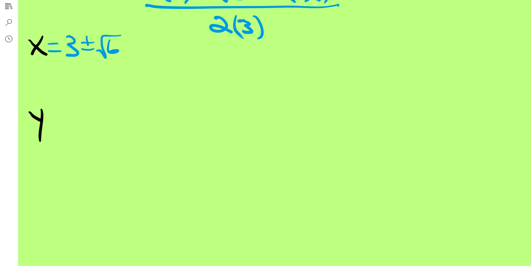Okay, now using the x-intercepts 3 plus the square root of 6 and 3 minus the square root of 6, we can get decimal approximations for when we're graphing these. So looking at 3 plus the square root of 6, it's more than 3 but less than 4. But if I plug this in, what do I get?